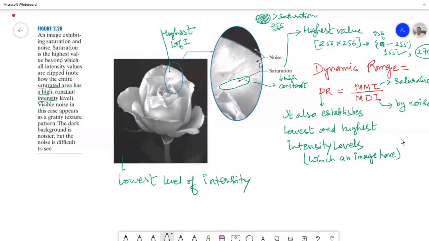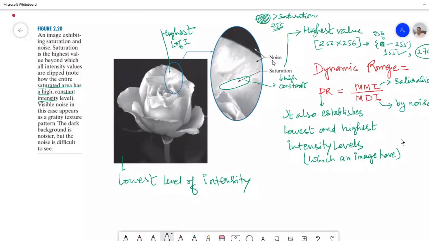Now the second thing is noise. Visible noise in this case appears as a grainy texture pattern. See this here and this here. Now the dark background is noisier, but the noise is difficult to see.